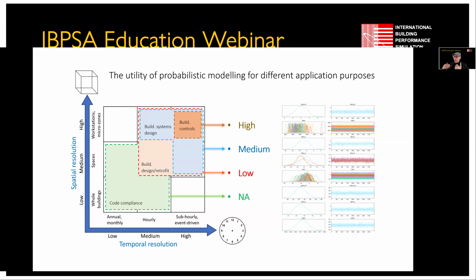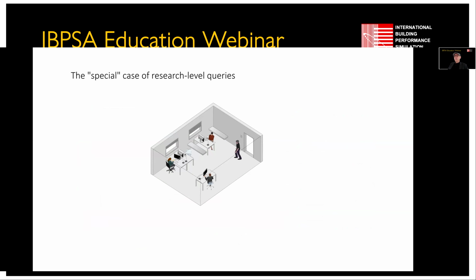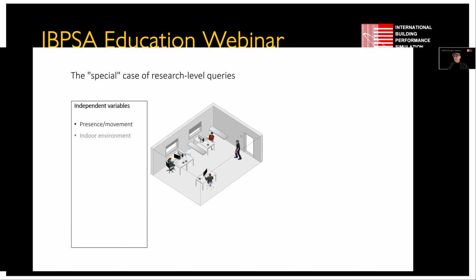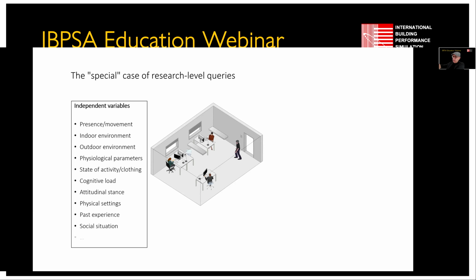So what I'm trying to, so to speak, pontificate here, is that we have to have an open mind and a flexible, differentiated view of what is fitting for what time. If you do research like I do and your colleagues, there are many instances where we have to go to a very high level of detail and even go beyond the realm of just the simple thermal domain or simple presence of people.